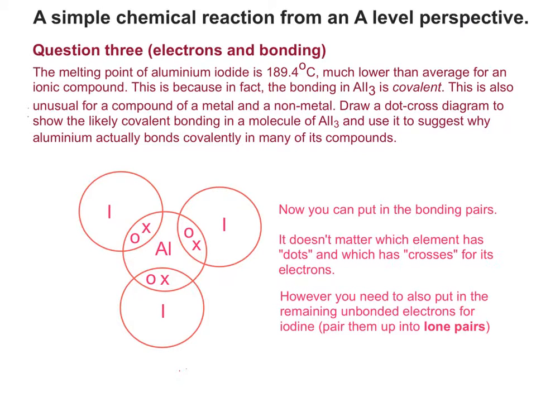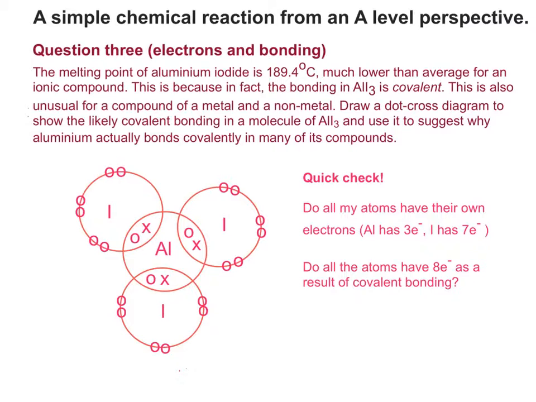My iodine atoms don't have all their electrons in place, obviously. Aluminium does because it's in group 3, so it's got either 3 dots or 3 crosses. It doesn't really matter, like we just said. But the iodine's remaining electrons need to be in pairs. We call these lone pairs in chemistry because they're not bonded. So I'm going to go with iodine being dots.